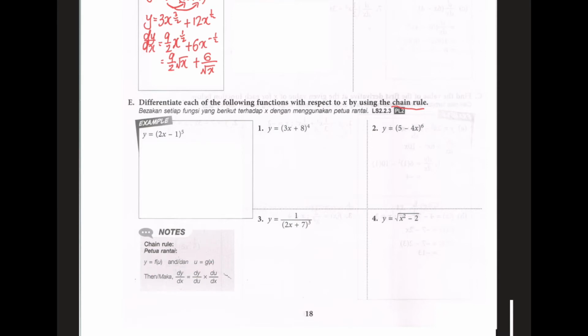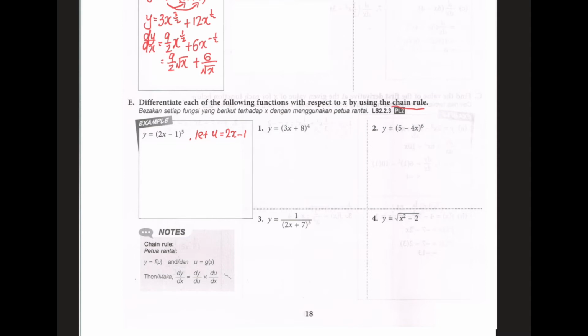Okay, what is this? Let's say example, I will put this as my example. So y equal to f(u). How to understand? You have to let everything in the bracket become u. Let u equal to 2x minus 1.